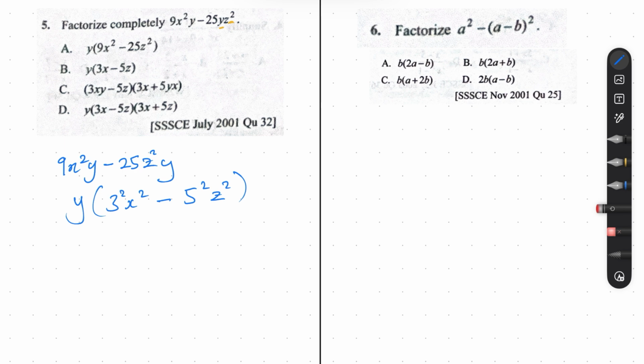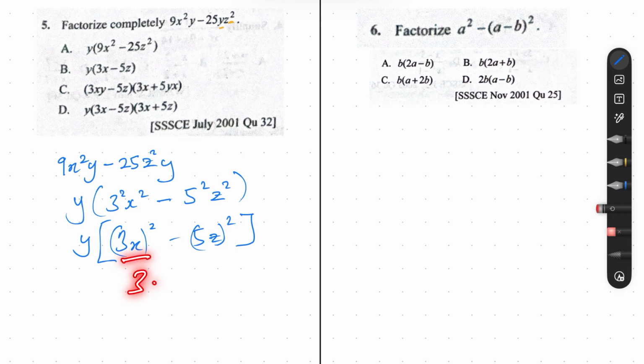So let's write it. We have 3x squared minus 5z squared, all in the bracket with y. We've just simplified everything. Now we can clearly see a square here and a square here, so we can do our difference of two squares. How do we do the difference of two squares?